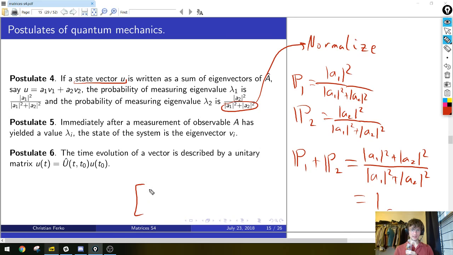So for instance, if we're looking at the vector (1, 1), I will sometimes just normalize that without telling you and write it as 1 over root 2 times (1, 1). Because if we take the norm squared of this, it will be 1 squared plus 1 squared over root 2 squared, which is 2 over 2, which is 1. So that's normalizing, so we don't have to write that denominator.